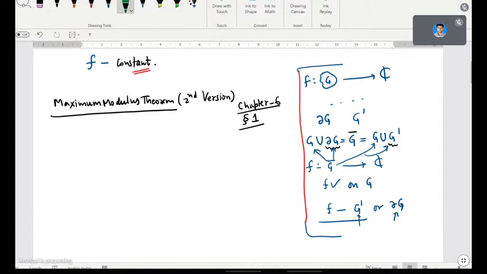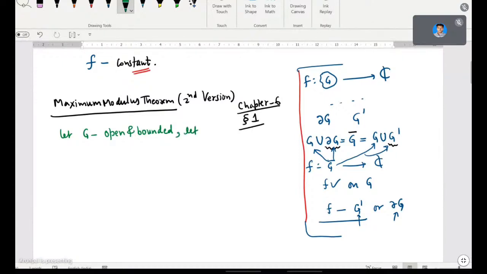So the maximum modulus theorem says, class, that let G be open and bounded. So class, the first change, if you remember, in the maximum modulus theorem we took G to be connected, but now we are taking G to be bounded. First change.